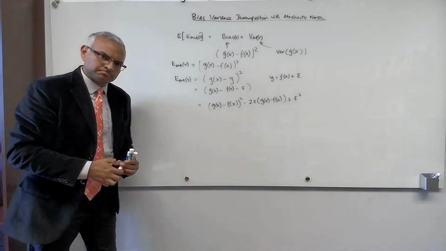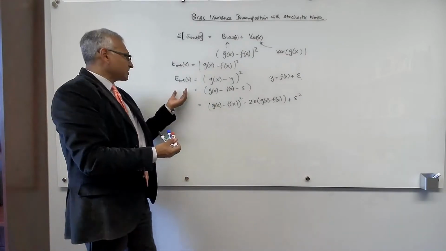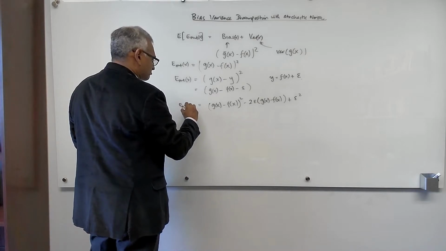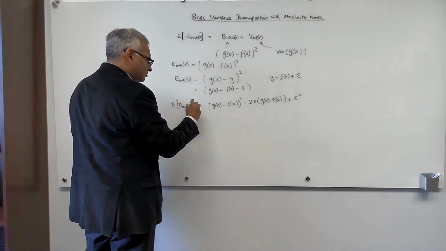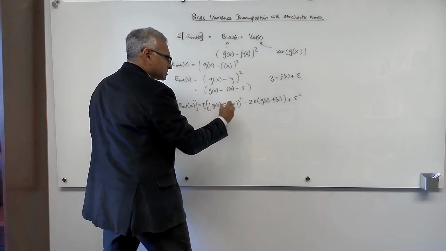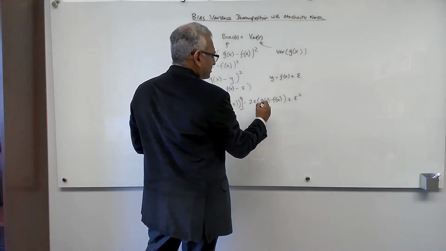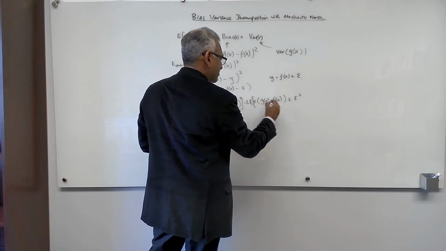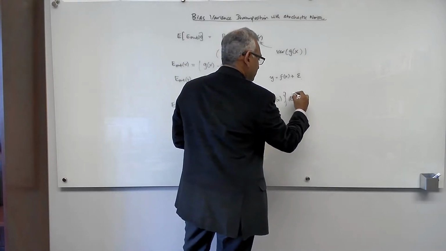Now, we're interested in your expected out of sample error, so let's take the expected value on both sides. That gives me the expected value of this term, minus twice the expected value of this term, plus the expected value of this term.